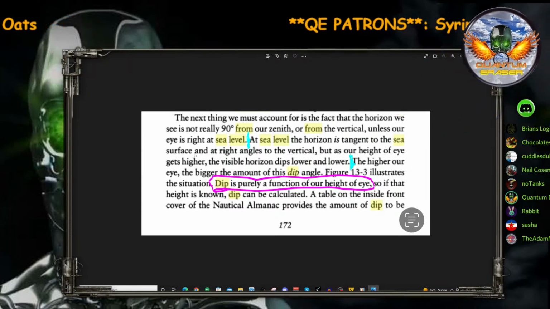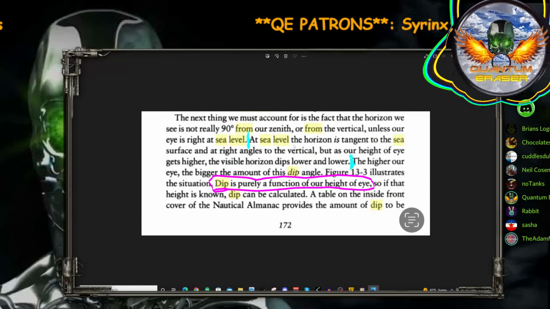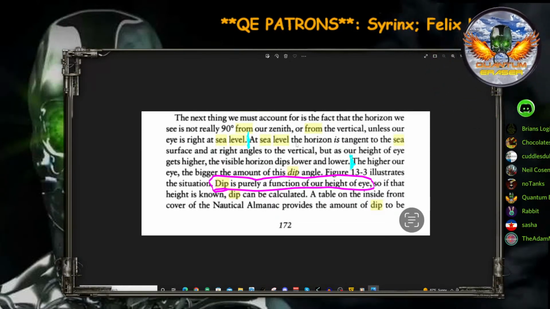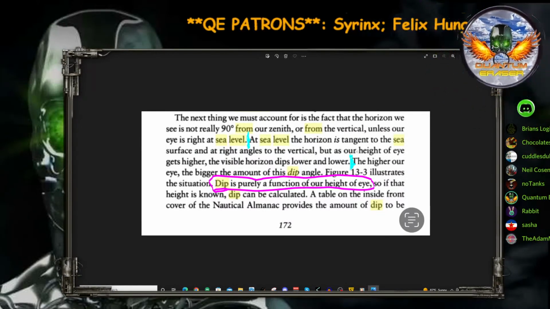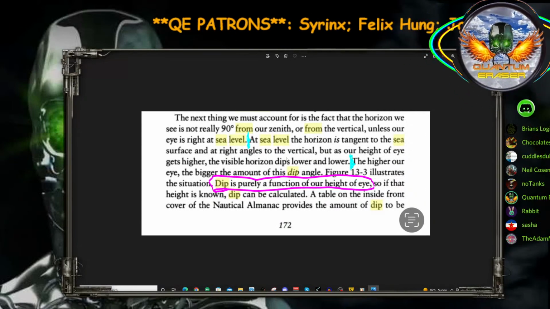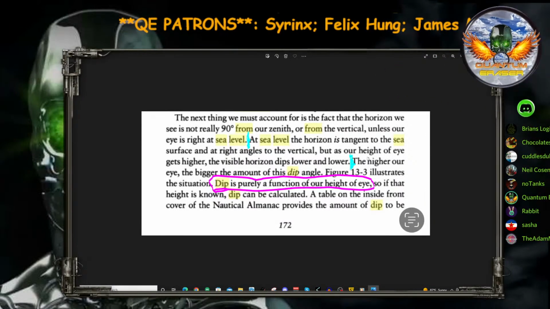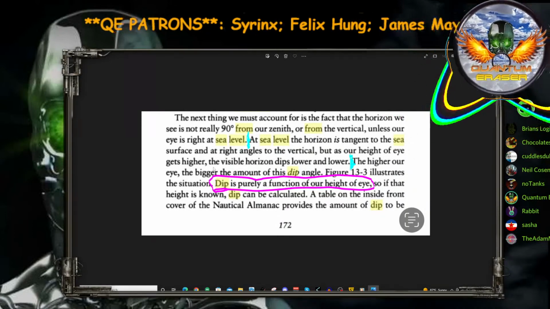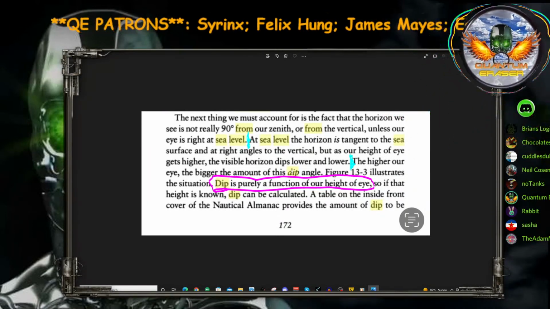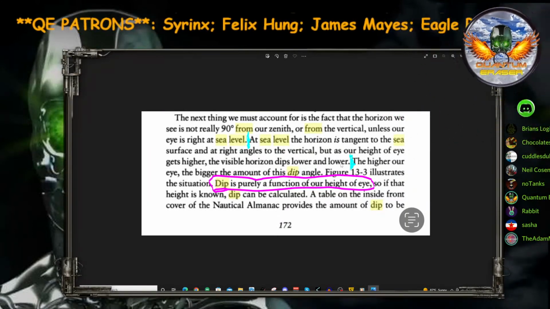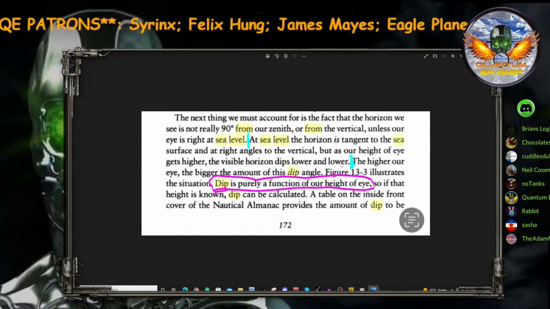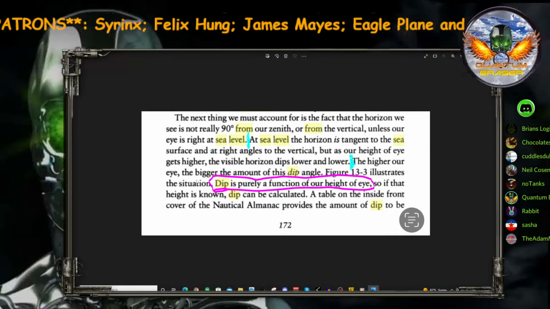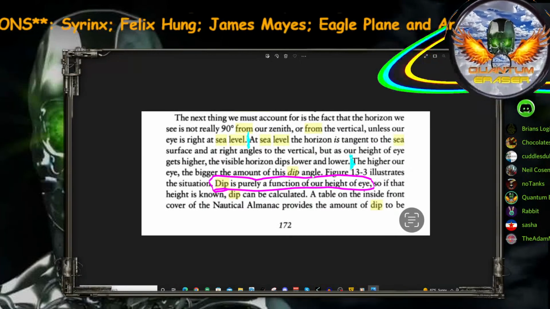He's about one step from cutting his own ear off. This is a ridiculous statement right here. But as our height of eye gets higher, the visible horizon dips lower and lower. He's a basket case. The higher our eye, the bigger the amount of this dip angle.